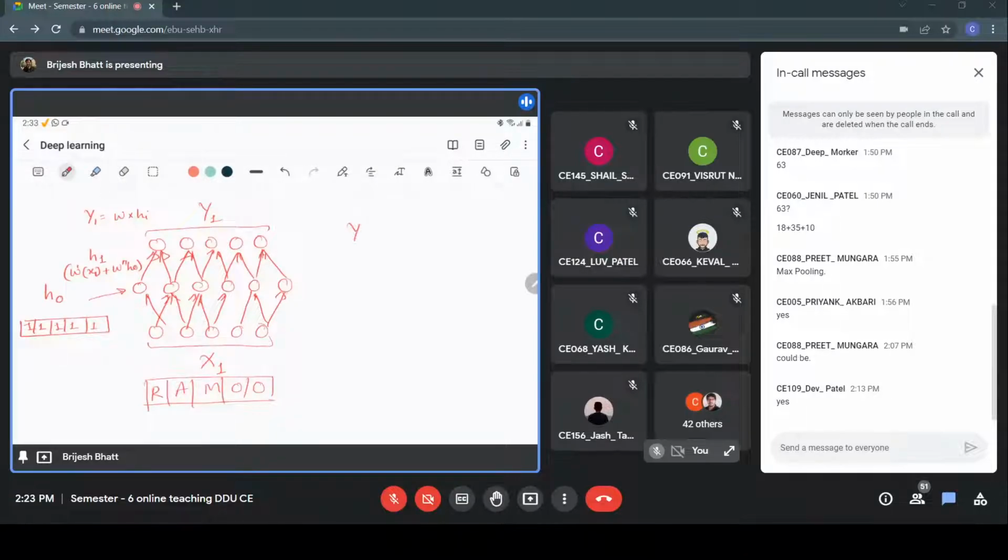So Yn is f of Xn and Hn minus 1. In traditional networks, Yn was f of Xn: whatever x you observe, from that you produce y. Now I say that with Xn there is also something hidden called Hn minus 1.